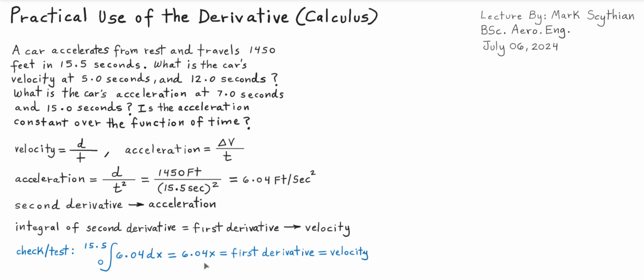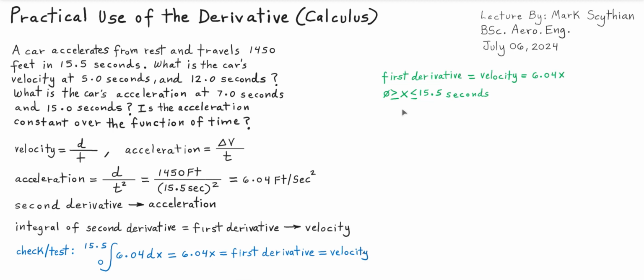So 6.04x describes the velocity or the first derivative. So that would be over the time limits of 0 to 15.5 seconds, or x representing time.